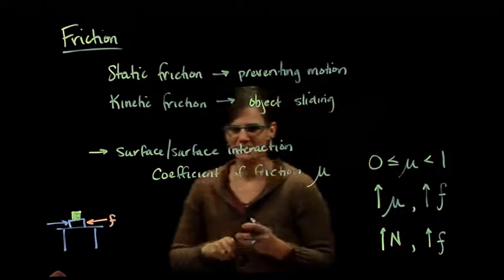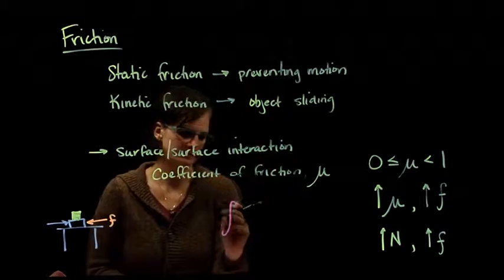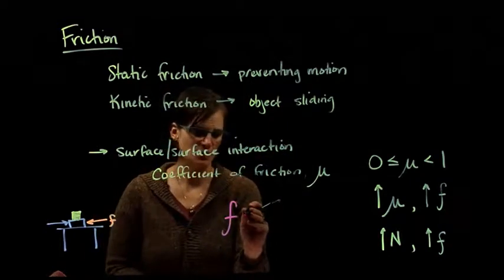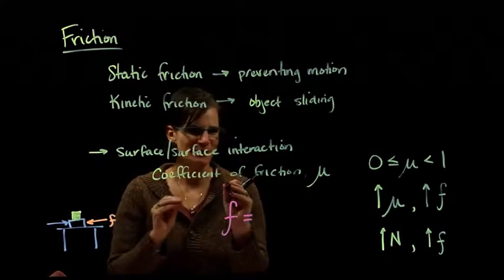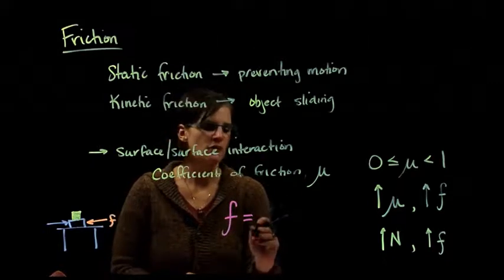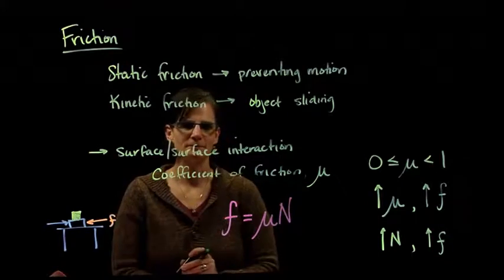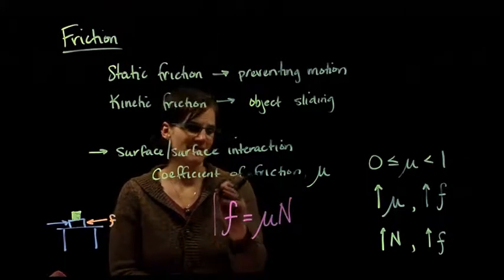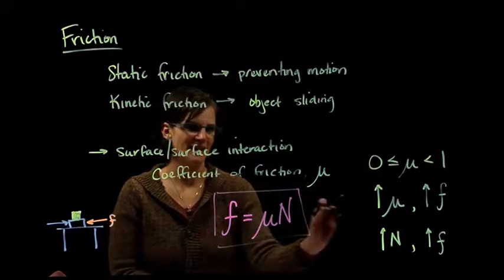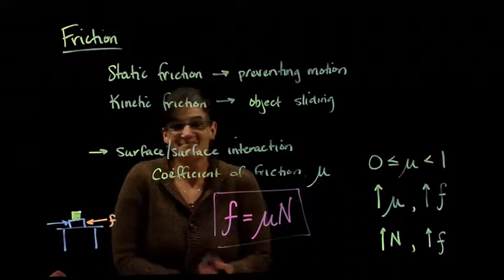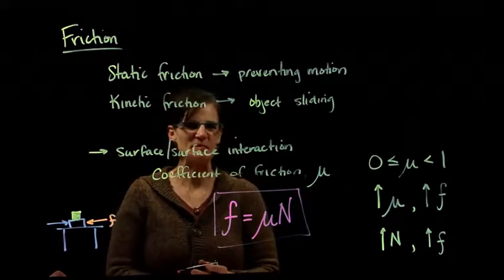It tells us that friction is related to, and I'm going to use the equal sign, and we're going to be very careful about that in just a minute, the coefficient of friction times the normal force. Friction is fun. Physics, we got it. We can remember that.